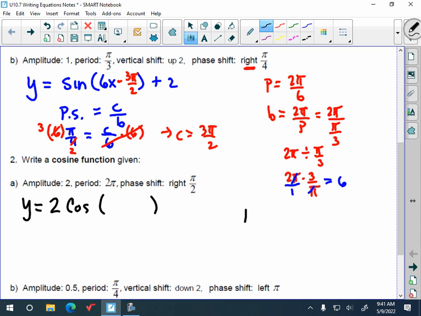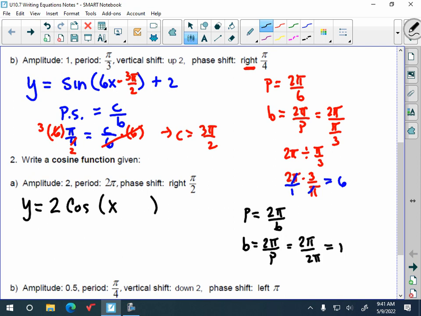We use the formula period equals 2 pi divided by b, which is b equals 2 pi divided by the period. So that's 2 pi divided by 2 pi, which is 1. All right, so our b value is 1. So it's 1x, or just x.